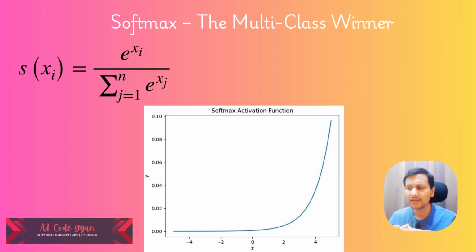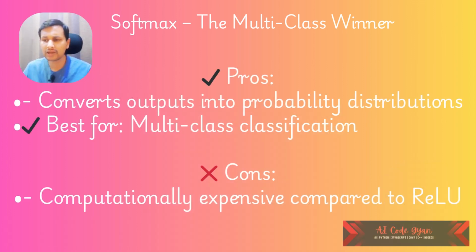It is used to convert outputs into a probability distribution and for multi-class classification. That's an important advantage and application. It is computationally expensive compared to the rectified linear unit.